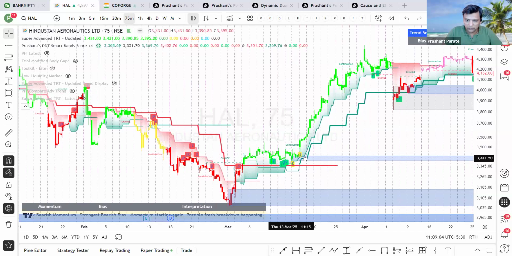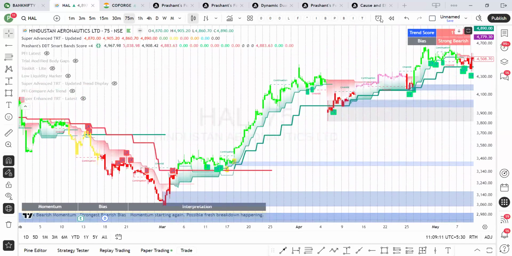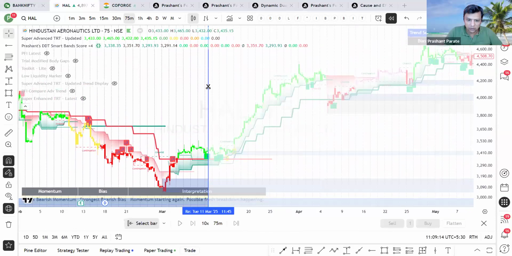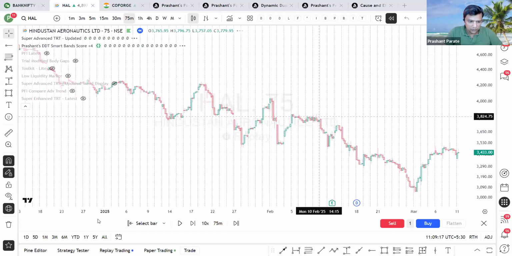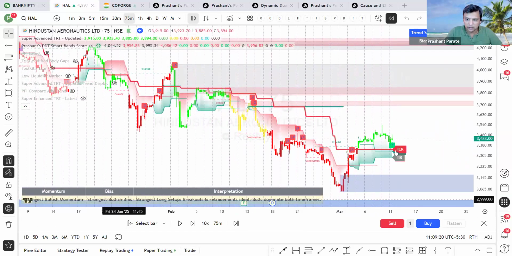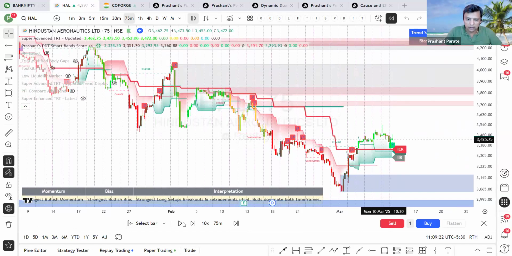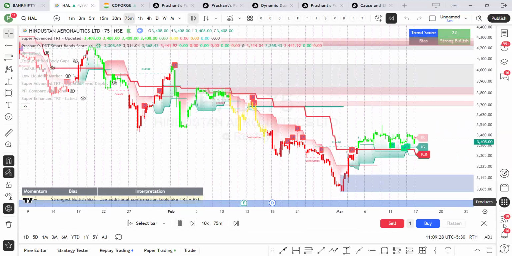Then it gave momentum entries, so we had favorable things here. If I bring the chart to this level, it will show strong bullish bias and strong bullish momentum. Strongest bullish momentum, strongest bullish bias. So after this, whatever the signals are, they could be used as bullish entry signals.